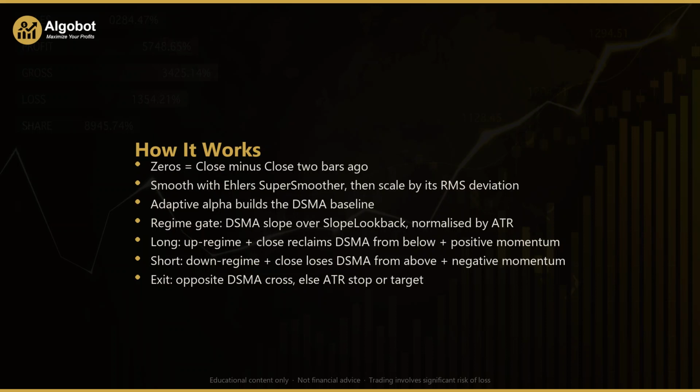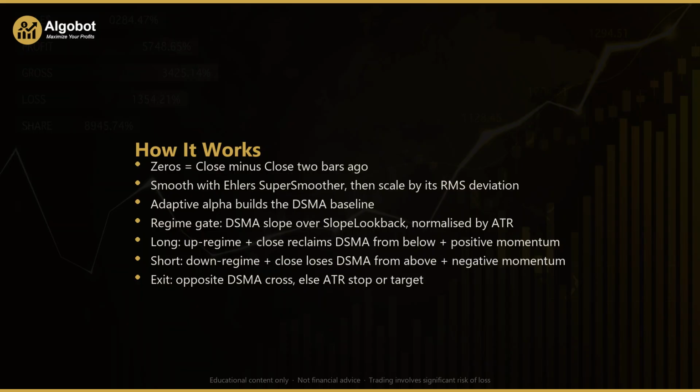Next, the strategy measures the root mean square of that smooth series over the chosen length, which by default is 20 bars. This root mean square is a running measure of deviation, and dividing the smooth momentum by it expresses the move in standard deviation units. That normalized value is what the code calls the scaled filter. Here's the clever part.